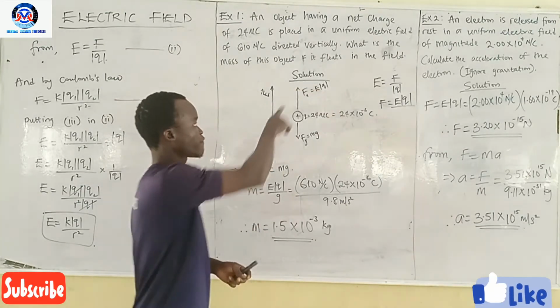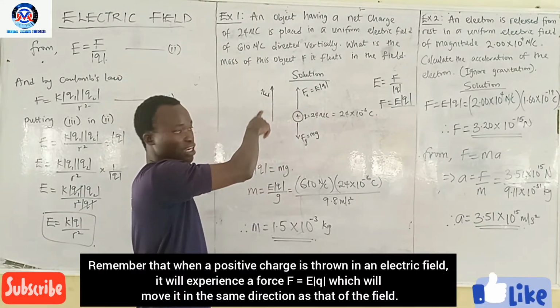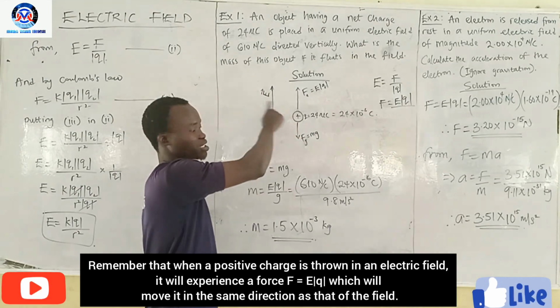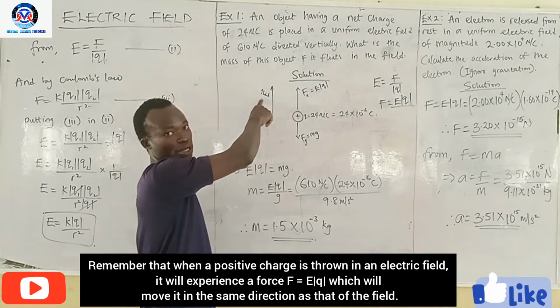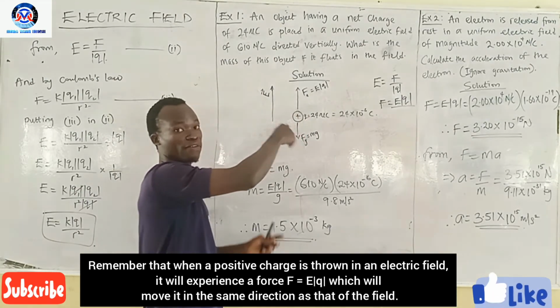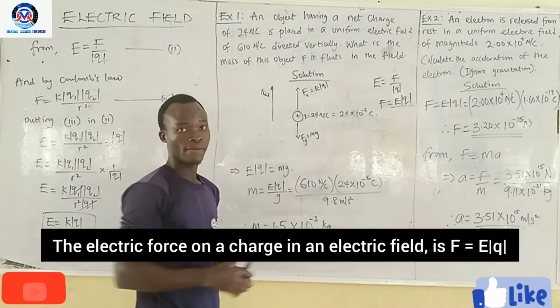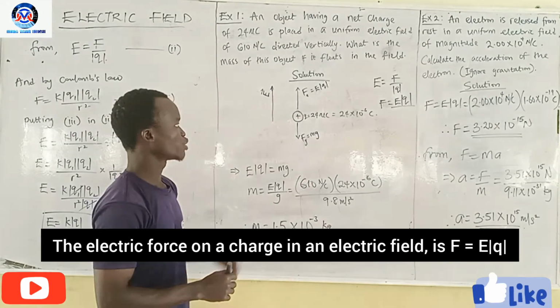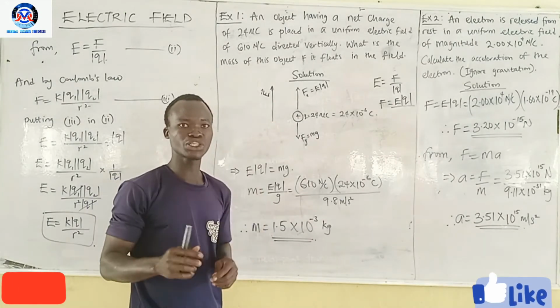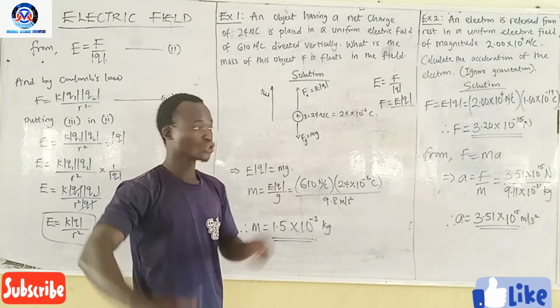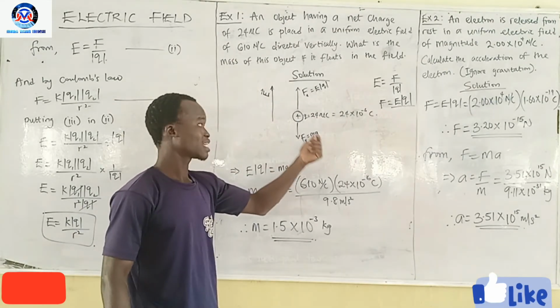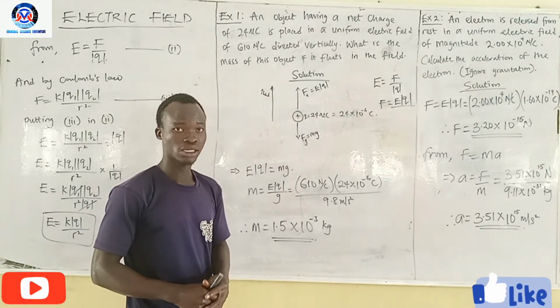So the force on this charge due to this electric field will move this charge in the same direction as the field, and the magnitude of the force on the charge is simply the electric field multiplied by the magnitude of Q. But don't forget that it is not only the force due to the electric field that is acting on this charge.